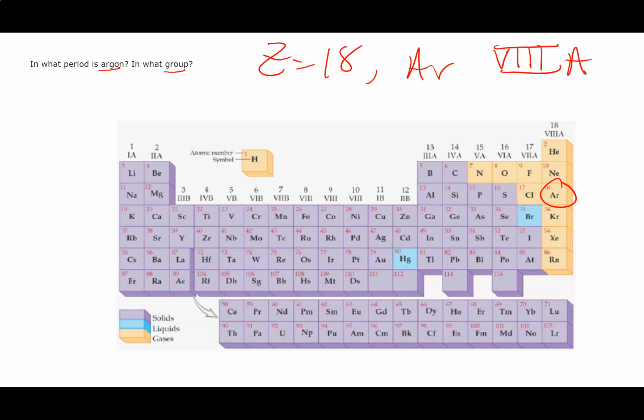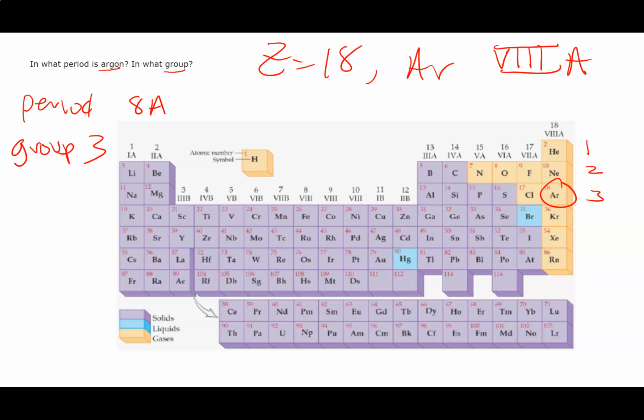Now, what about period? Remember what I said, always want to label on the right-hand side. So it's going to be 1, 2, 3. So, group 8A, period 3. Okay, so that's it.